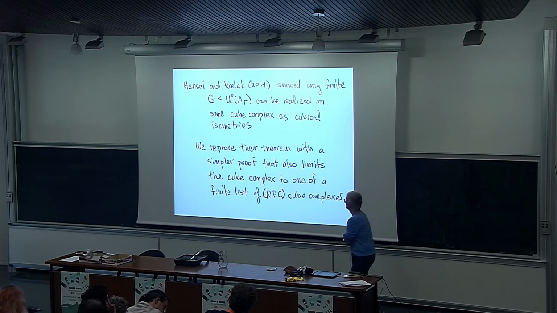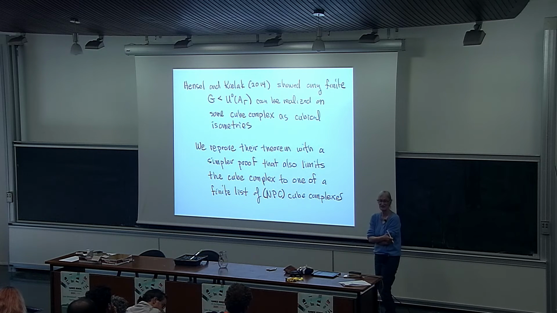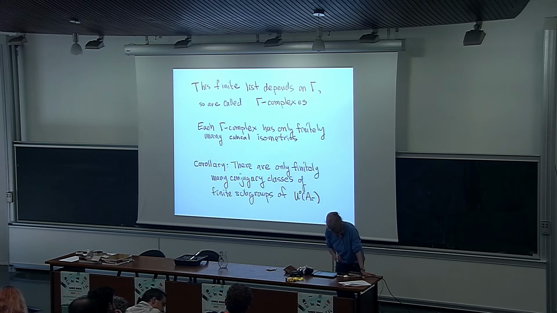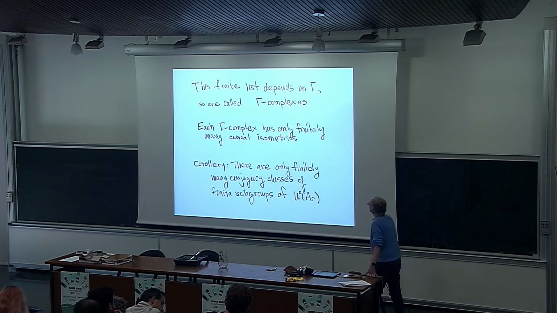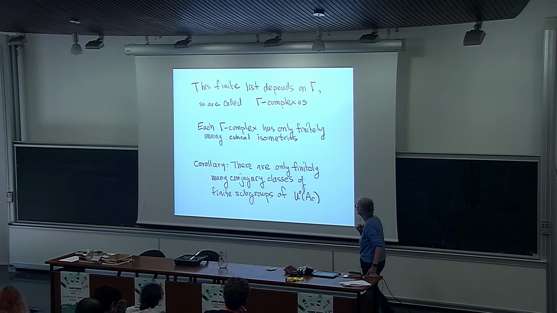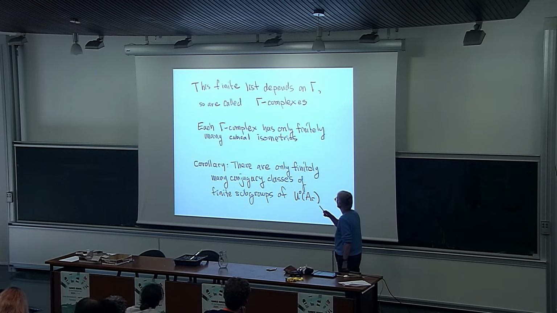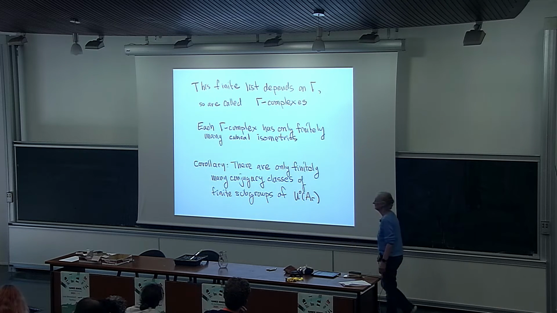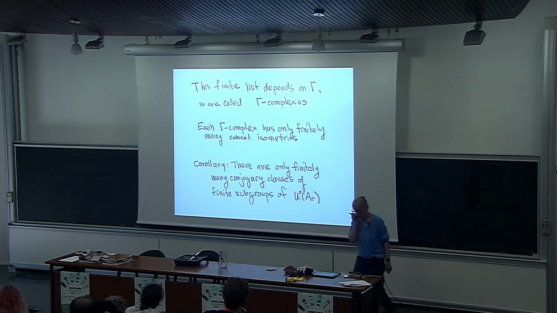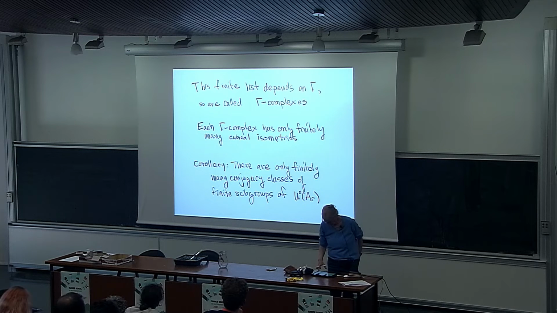It has the advantage that it limits the cube complexes you use to one of a finite list of cube complexes. This is good because the finite list depends on Gamma, and so they're called Gamma complexes. Each Gamma complex is a finite cube complex, so it has only finitely many cubical isometries. And so as a corollary, there are only finitely many conjugacy classes of finite subgroups. So that's what we wanted to show.